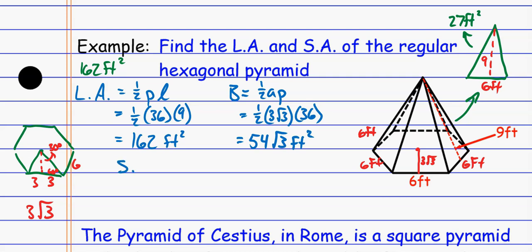The surface area, I just add these two values together. Okay, so 162 plus the 54√3. And now this is where I'll go ahead and let the calculator round it off as a decimal. Okay, if I wanted it in exact terms, this is done if it's in exact terms. Like in terms of the exact measurement, it's this. Okay, I can't simplify that any further.